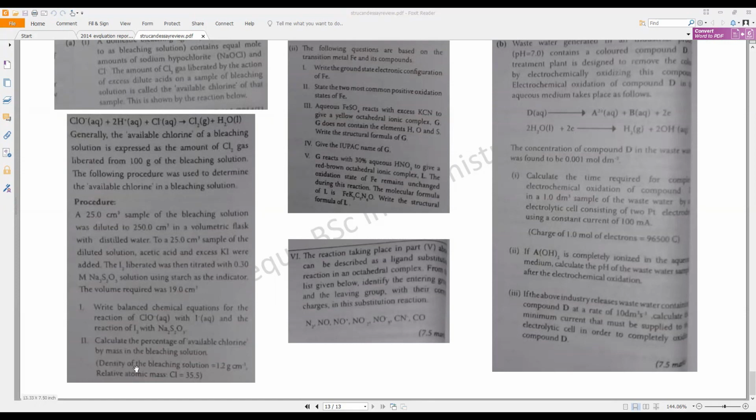They have given this density, so this is the second place that we are going to use density. Earlier we used the density for chromium in question number 8 to calculate the thickness. This is another place where they have given density to use. So calculate the percentage of available chlorine by mass in the bleaching solution.